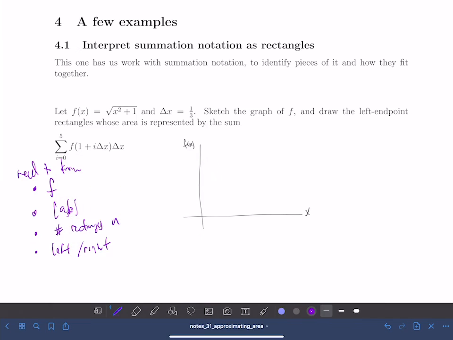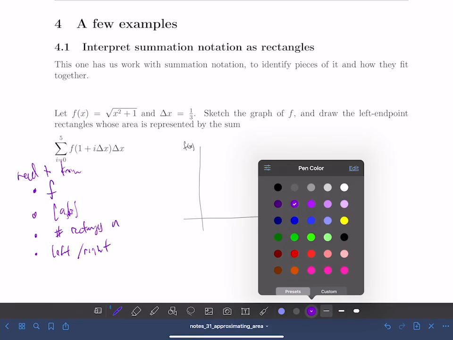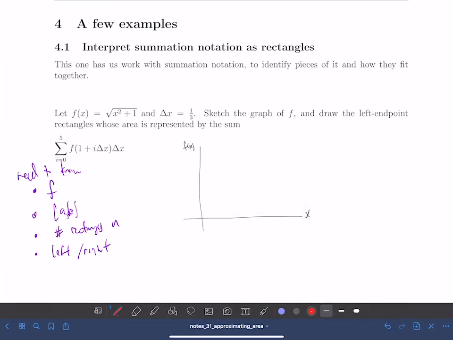So f was given. That's the square root of x squared plus 1.